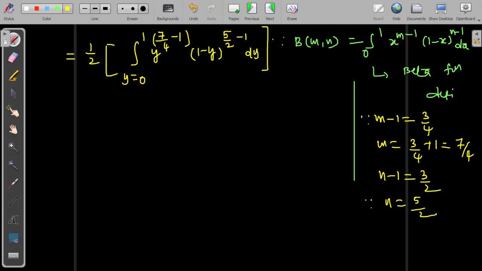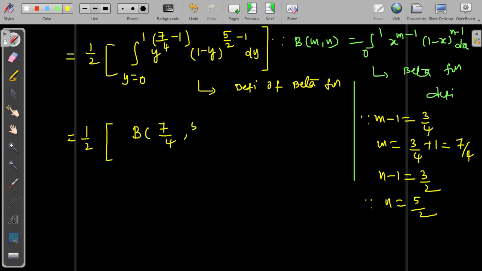Fine. Now it is exactly the definition of the beta function, which means this could be written like half times beta of m comma n, which means beta of 7 by 4 comma 5 by 2.